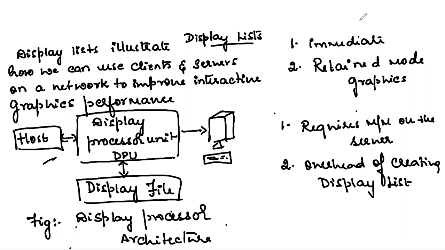Next, let us see how to define and execute display lists. It is similar to the geometric primitives, which we have already seen earlier. Display lists are defined with glNewList, where the N is capital and the L is capital, which is always present at the beginning.